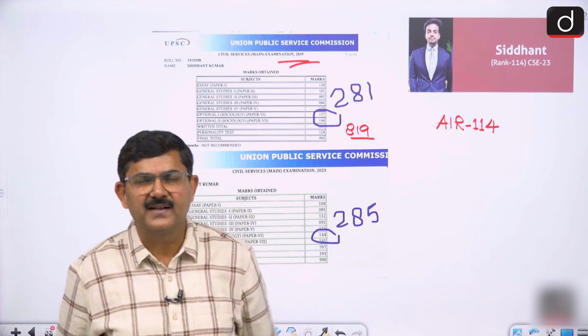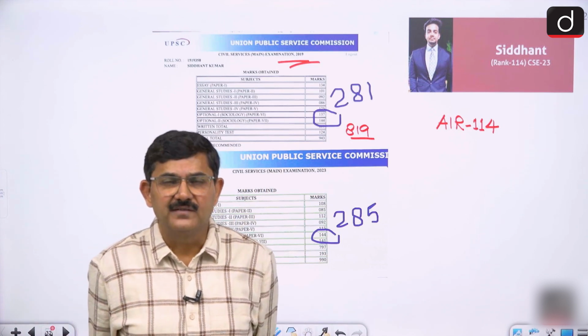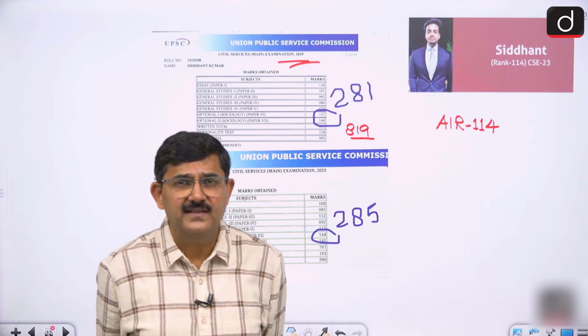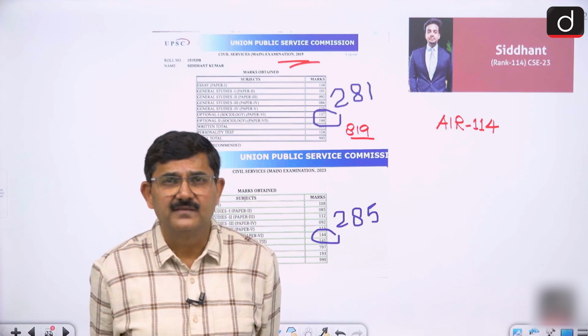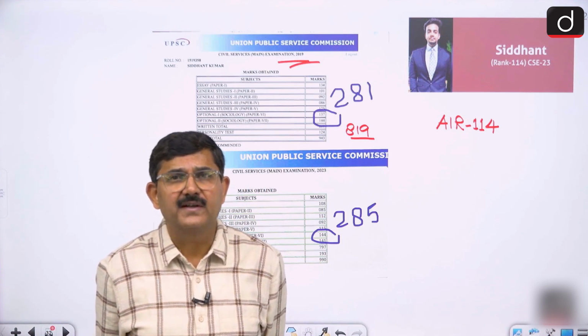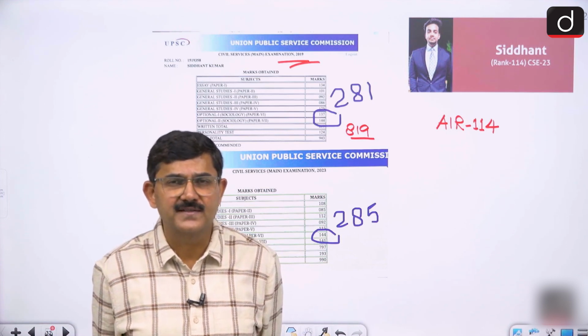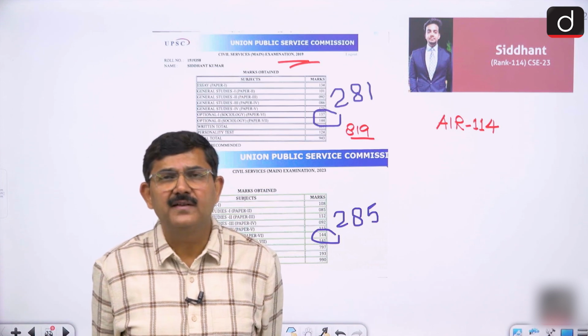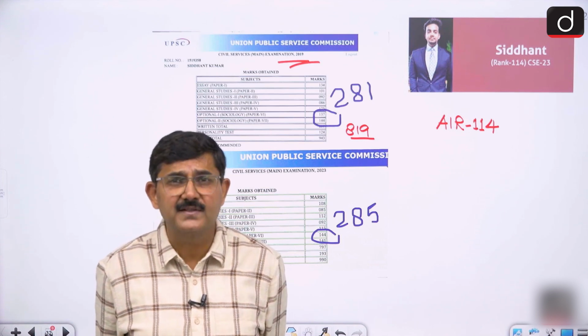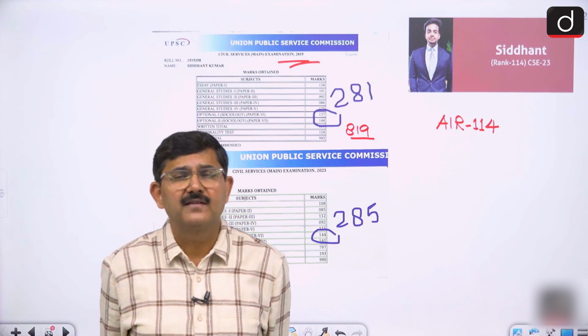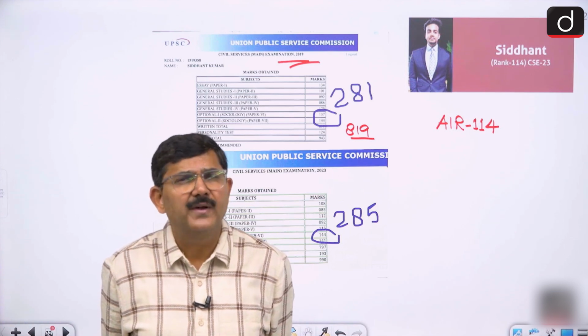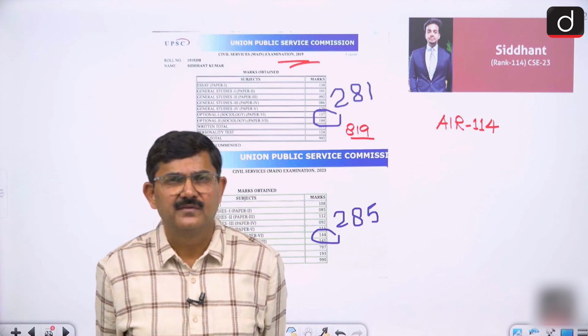He was not prepared that time. But he himself says that it is the consistency that gave me this particular award. He remained consistent, and as far as his background is concerned, he also had an engineering background. So background does not matter.